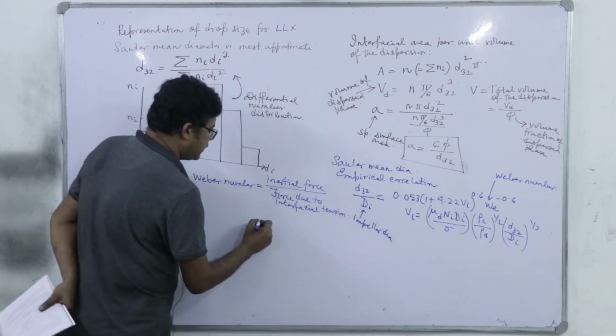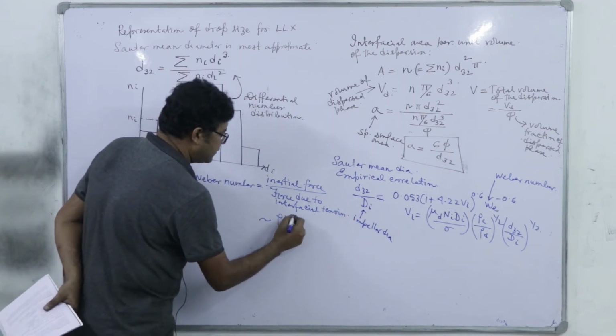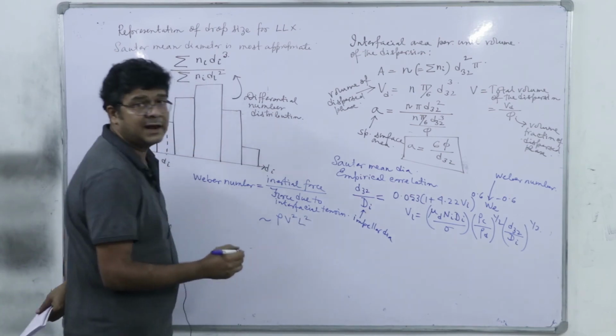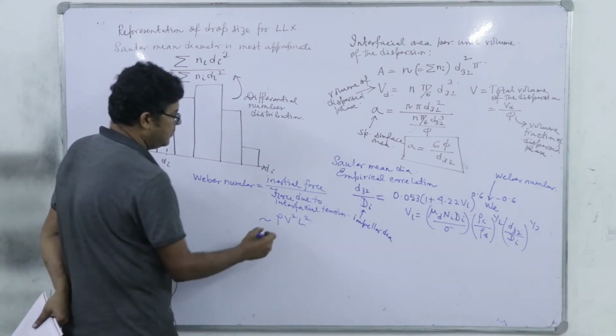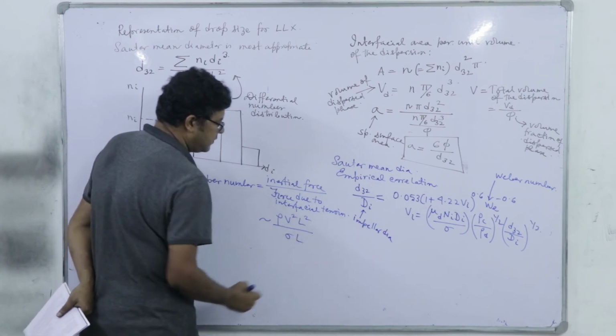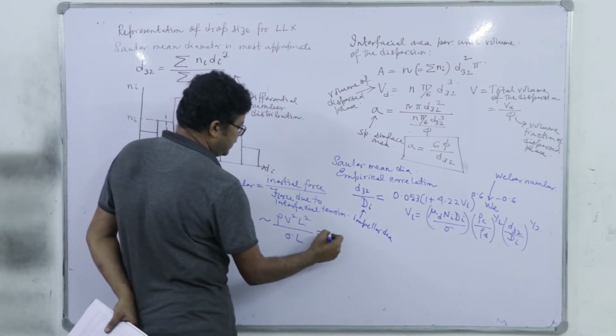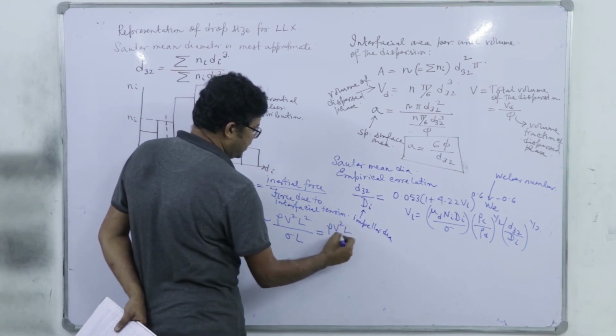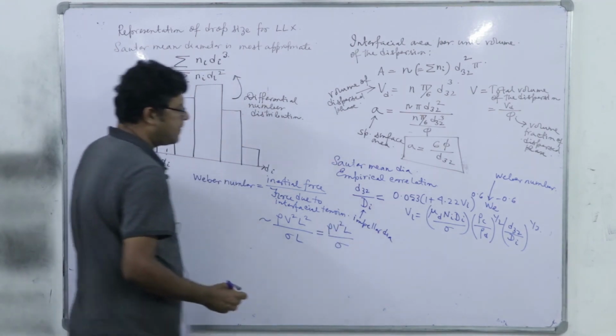Right. So, inertial force is rho v square L square, where v and L are characteristic dimensions of that system, and the force due to surface tension is sigma into L. So, it is equal to rho v square L divided by sigma.